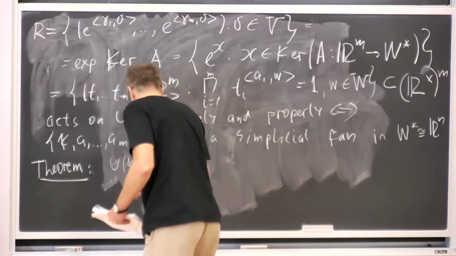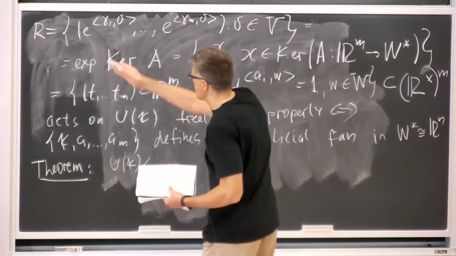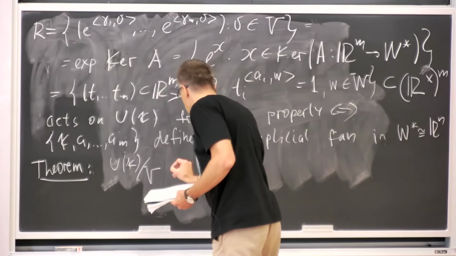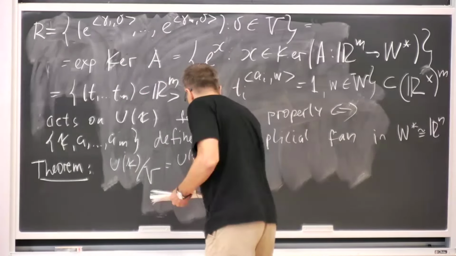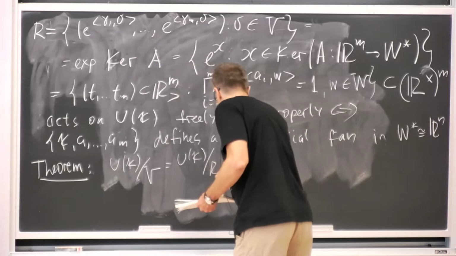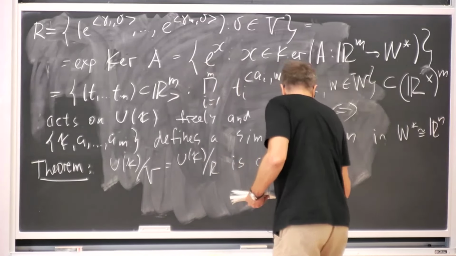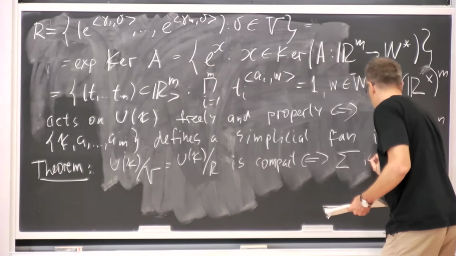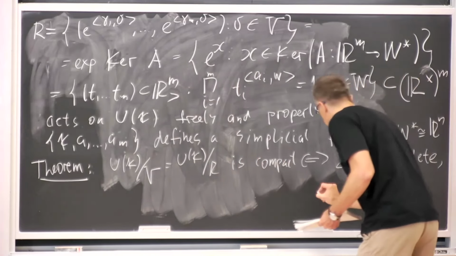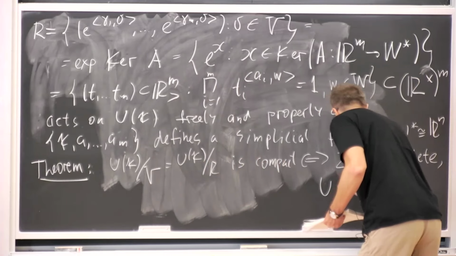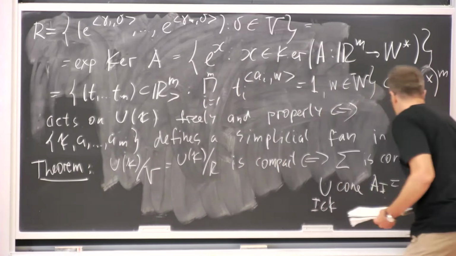So this quotient, or you can write, the quotient by V or the quotient by R, it's the same, is compact if and only if the fan is complete. So that the union of all cones is the whole space.